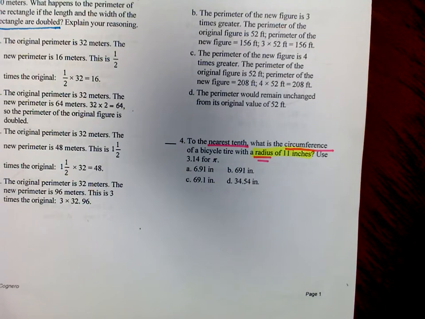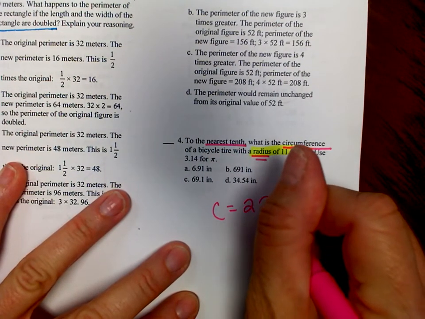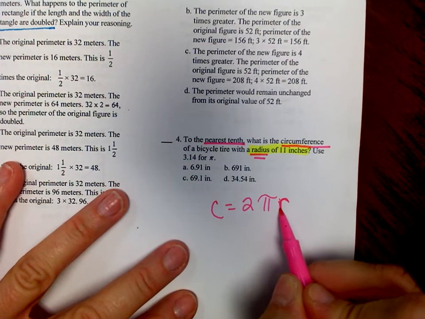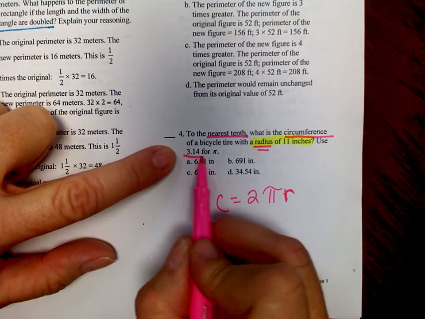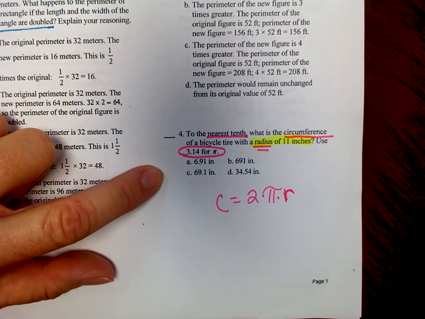So remember, the formula for circumference is C equals 2 pi r, because this has a radius. Use 3.14 for pi, and you multiply across.